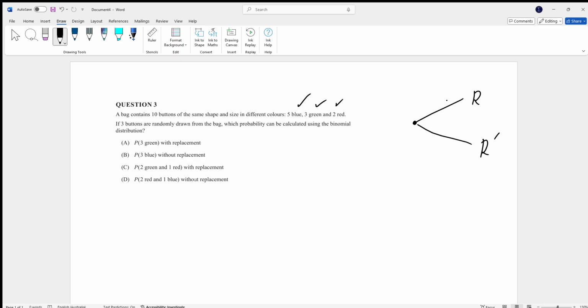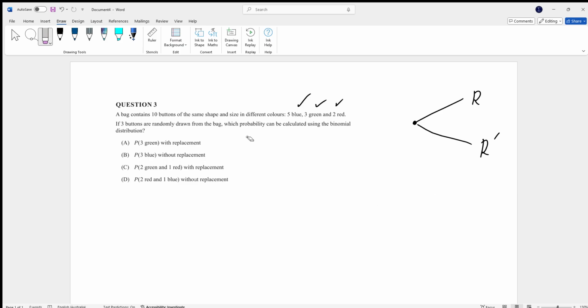So you have to put the button back in the bag, because if the probability is changing, then that will break the condition for a binomial probability. It's like with heads or tails. If I get a head, that doesn't change the probability that I'll get a head again or a tail again. That's a condition for binomial.